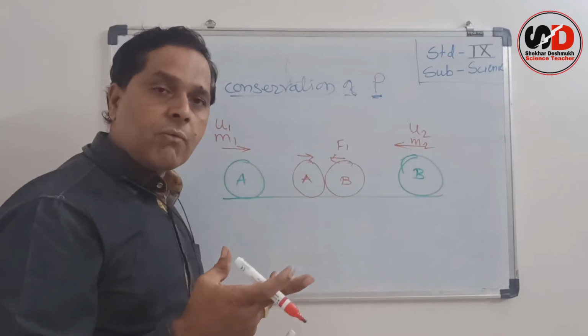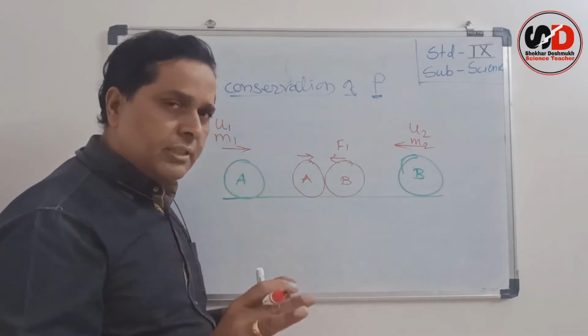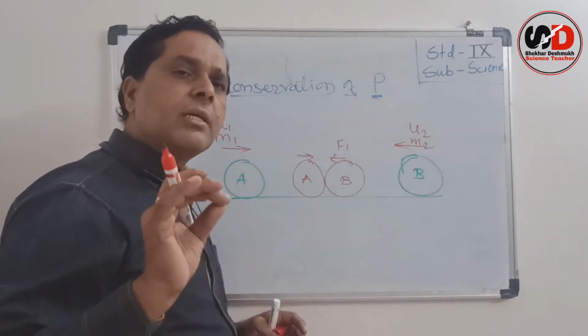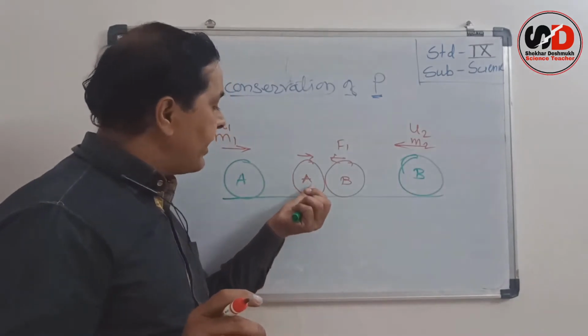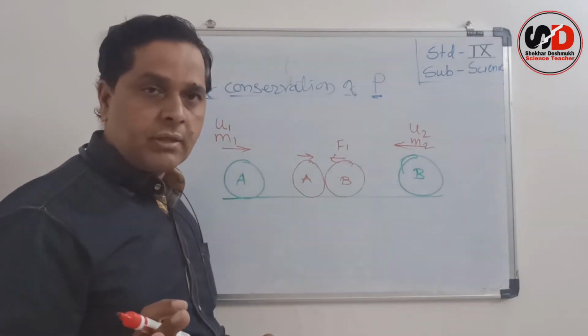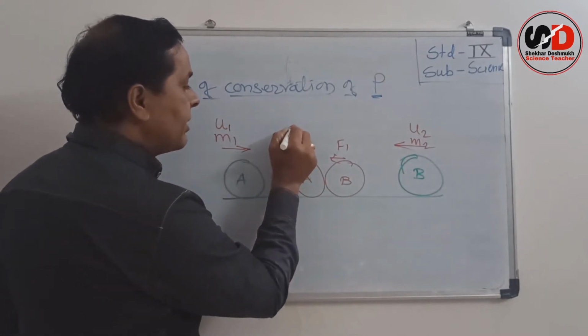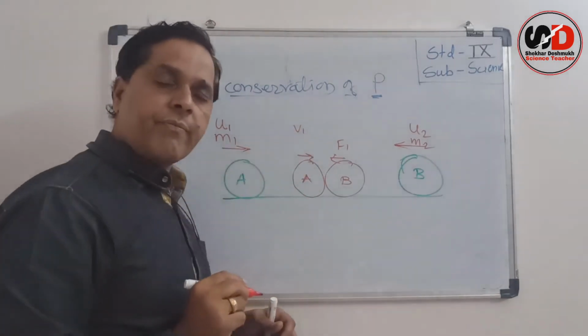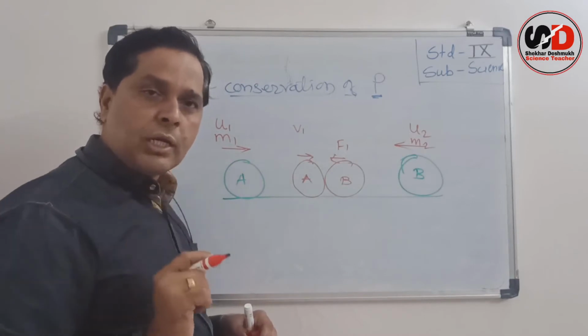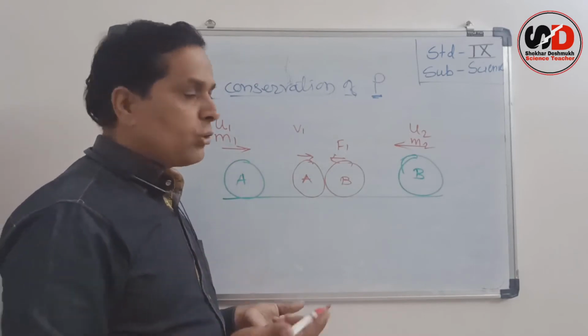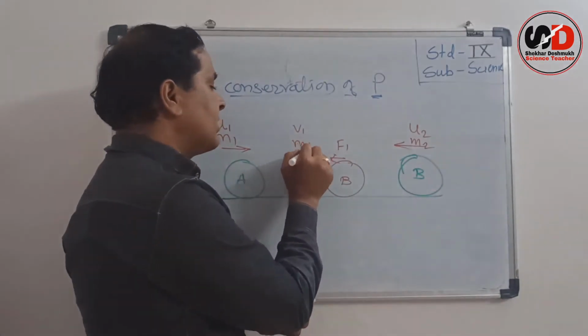Acceleration create होईल. What is meant by acceleration? That means in easier words, the velocity of A changes. So suppose the velocity of A changes and it becomes v1. मास चेंज होईल का? नाही, ऑब्जेक्टचा मास चेंज होणार नाही. ते किती राहणार आहे? m1 च राहणार.